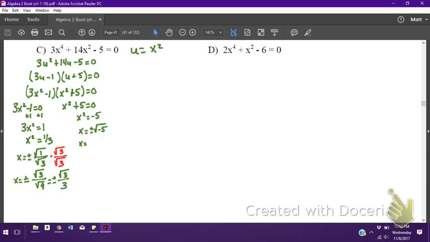Right, so we have x equals plus or minus square root of negative 1, square root of 5. We just pulled it out. And so we get plus or minus i root 5. Okay, so they're really not our zeros, but because that's how we solved it, that's what we get. So x is equal to plus or minus root 3 over 3 and plus or minus i root 5.